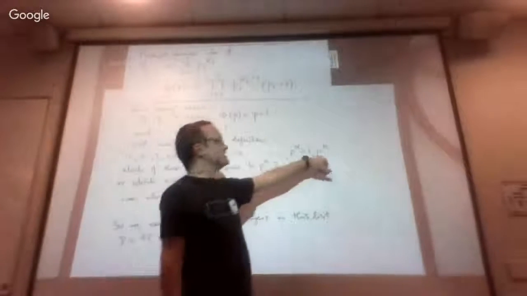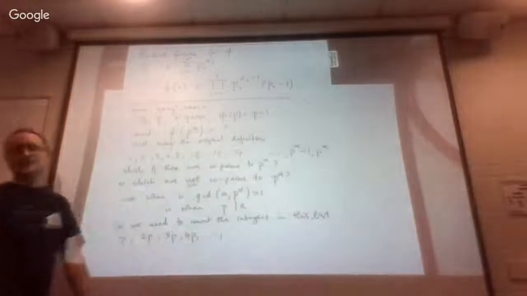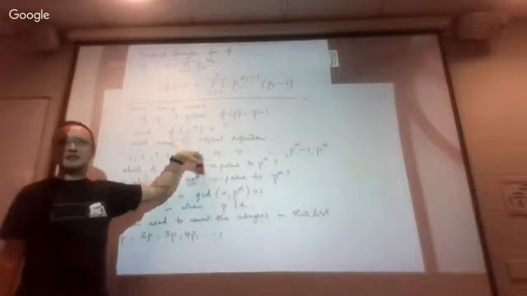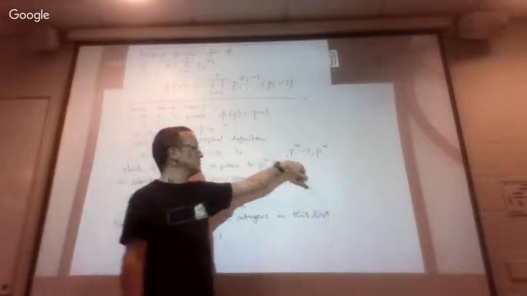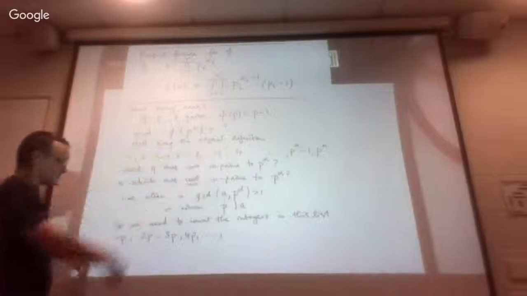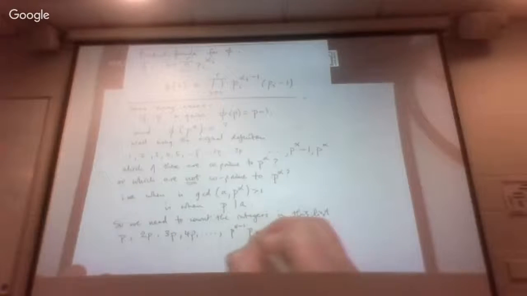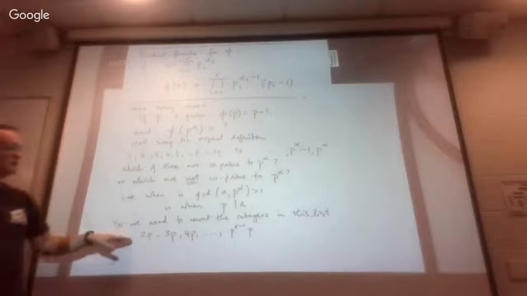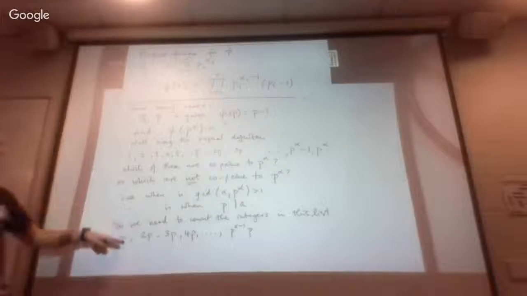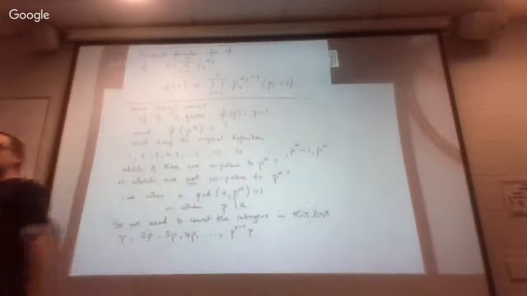So the last one is this one, you see. I look along this list, I keep on counting the ones that are multiples of p. The last multiple of p I'm going to come to is this one. Of course, how should I express p to the alpha in this way? Well, I should express p to the alpha as p to the alpha minus 1 times p. So I'm expressing everything as a multiple of p. So these are the integers in this list that are not co-prime to p to the alpha. And how many of these are there? What's the count of those?